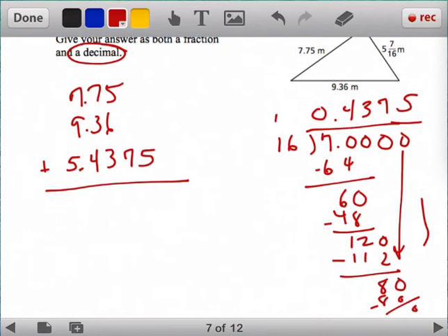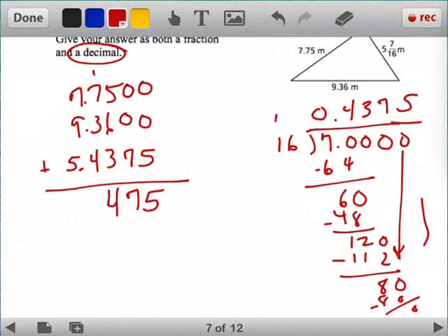The key to adding decimals is that you line up your decimal point. I need to add my tenths with my tenths, my hundredths with my hundredths, and my whole numbers with my whole numbers. Okay? Add some zeros on so they all go out to the same place value. That's 5. 0 plus 0 plus 7 is 7. 5 plus 6 is 11, plus 3 is 14.